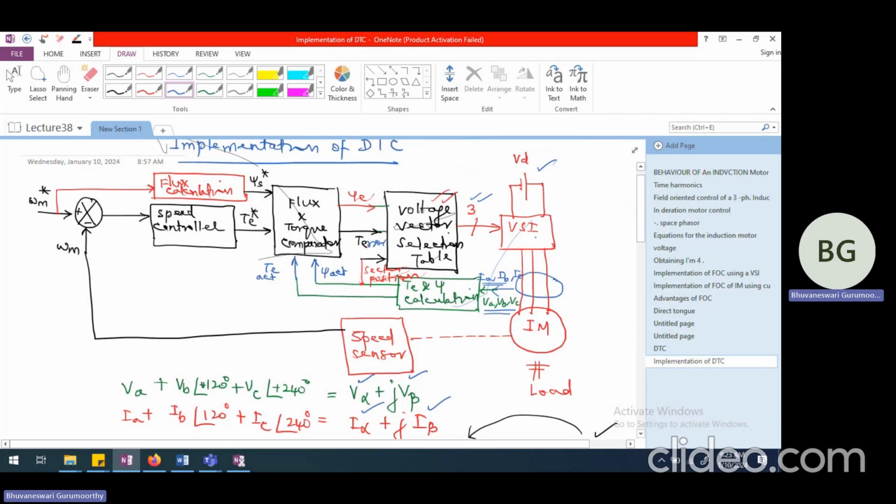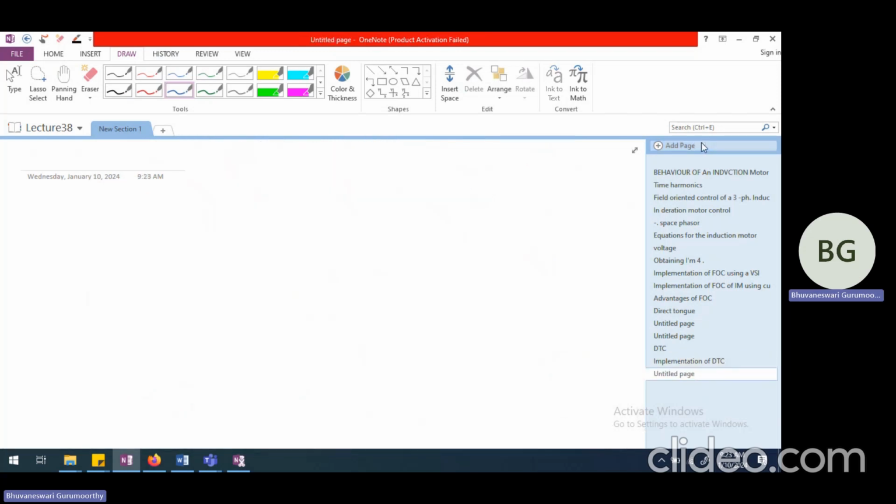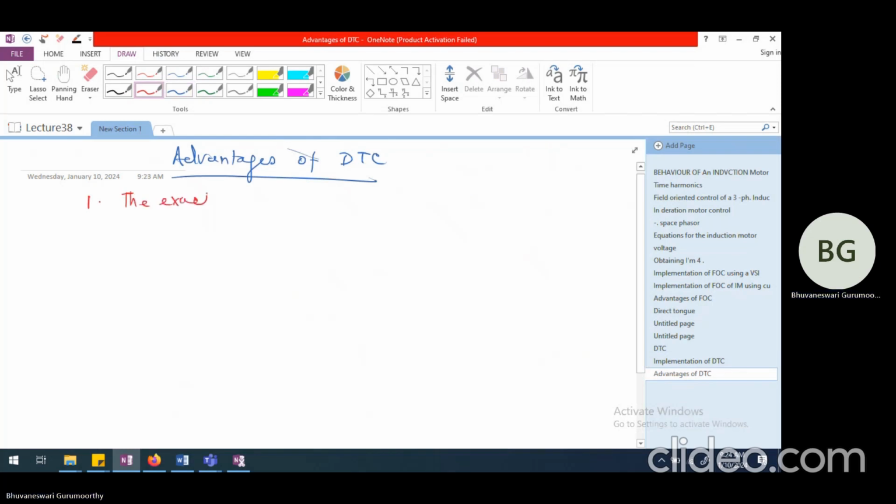So direct torque control, if I try to look at the advantages of DTC, we don't need the exact position of psi s.